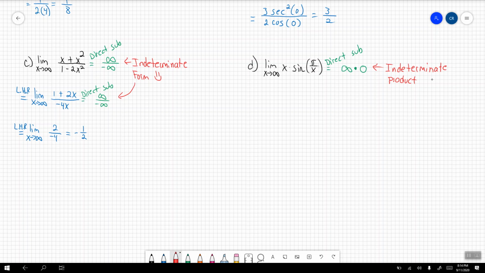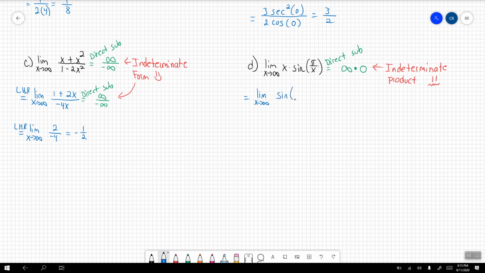Okay, so here, again, I got a worried face. Might be some issues, but we can algebraically manipulate this. So I am not applying L'Hopital's rule just yet. I'm going to perform an algebraic manipulation.